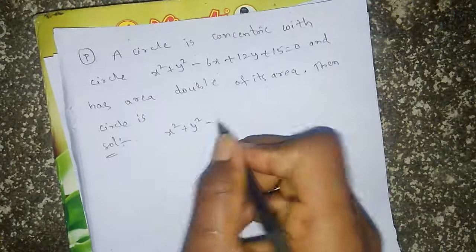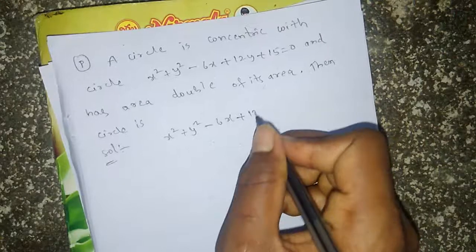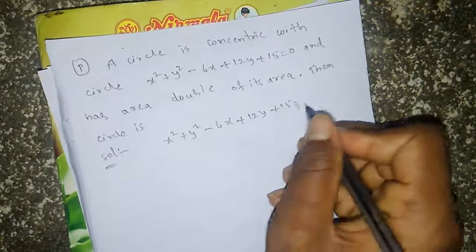Here given circle is x square plus y square minus 6x plus 12y plus 15 is equal to 0.